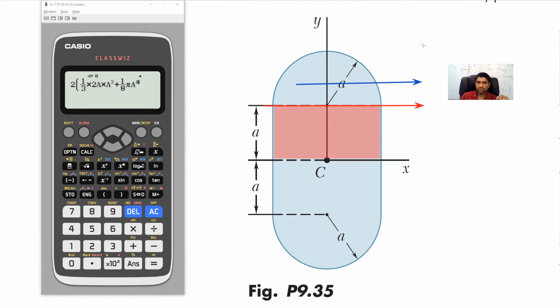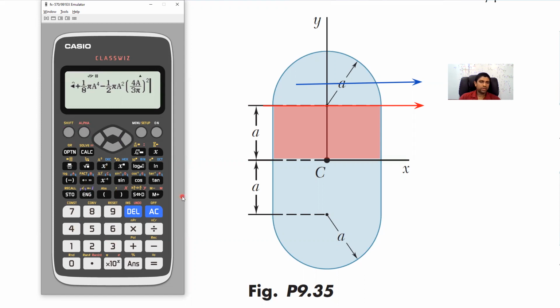Area is given by half pi r squared, into y bar squared, where y bar is 4r over 3 pi, squared.